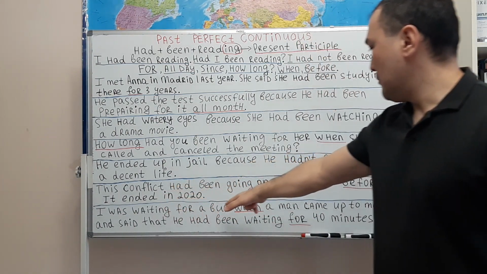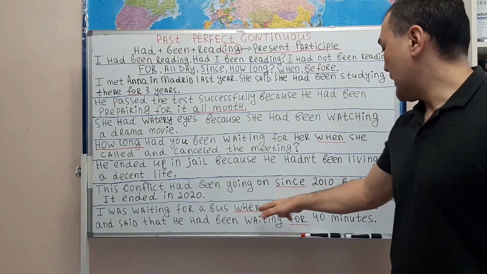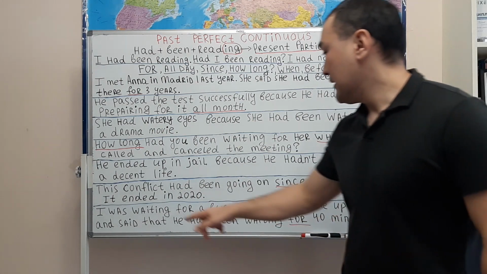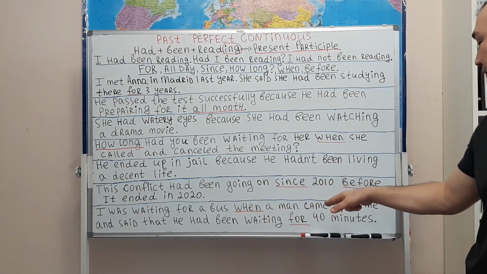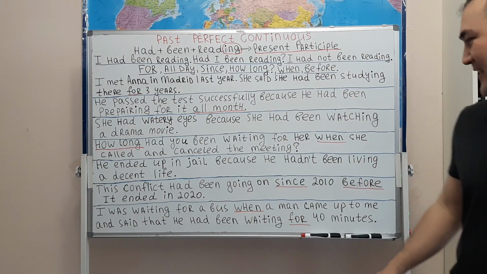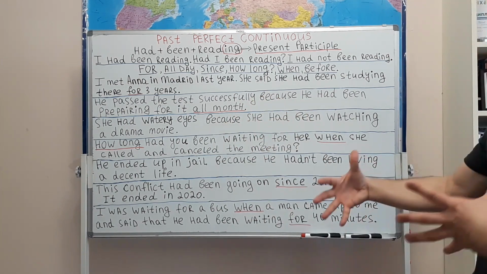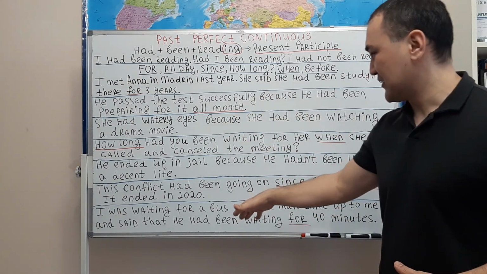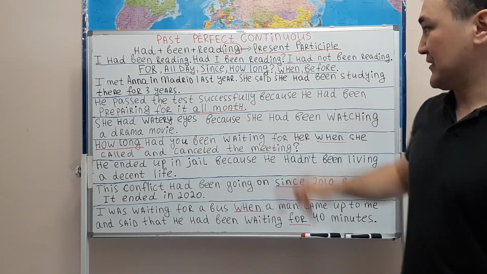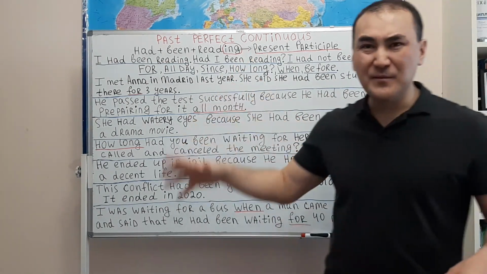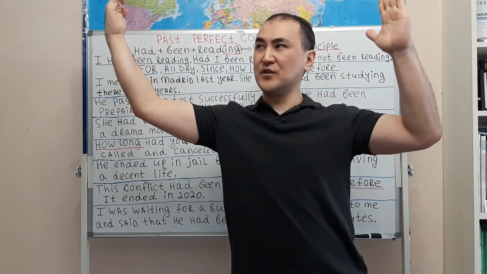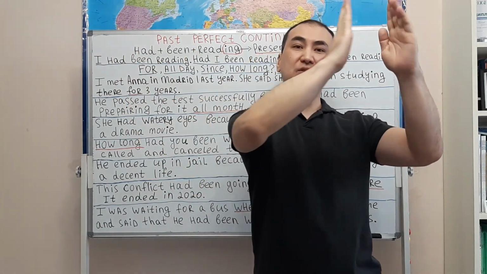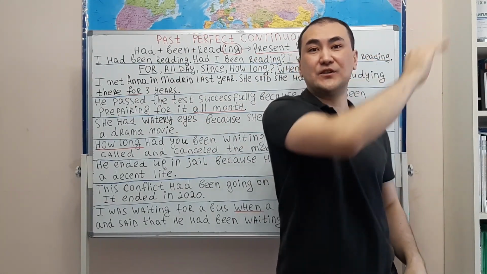I was waiting for a bus when a man came up to me and said that he had been waiting for 40 minutes, right? This is the same as the second description of past perfect. Do you remember the second description? The action started sometime in the past and just continued in the past. Kept going, didn't finish. We don't know when it finished.